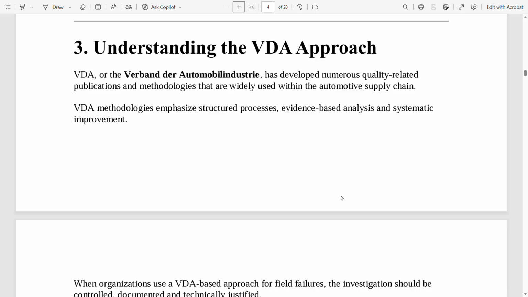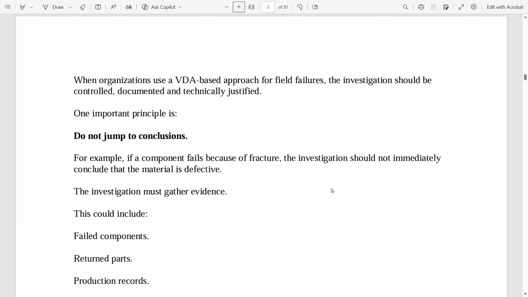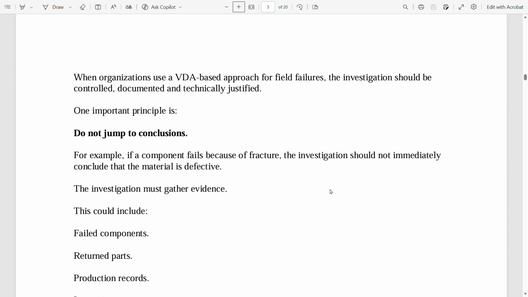VDA has developed numerous quality-related publications and methodologies that are widely used within the automotive supply chain. VDA methodologies emphasize structured processes, evidence-based analysis, and systematic improvement. When organizations use a VDA-based approach for field failures, the investigation should be controlled, documented, and technically justified.